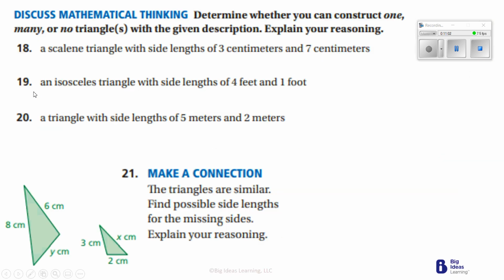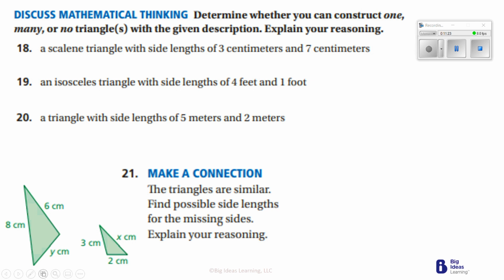We're going to number 19. Determine whether you can construct one, many, or no triangles with the given description. So there's an isosceles triangle with side lengths of 4 feet and 1 foot. All right, can you construct one?